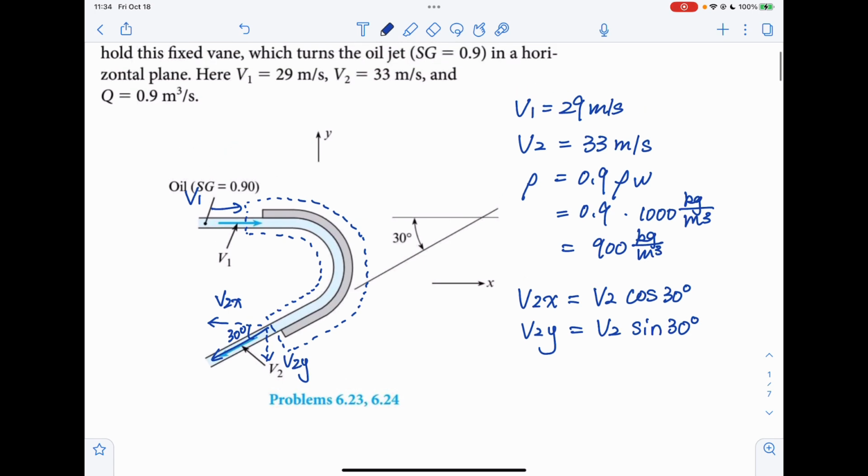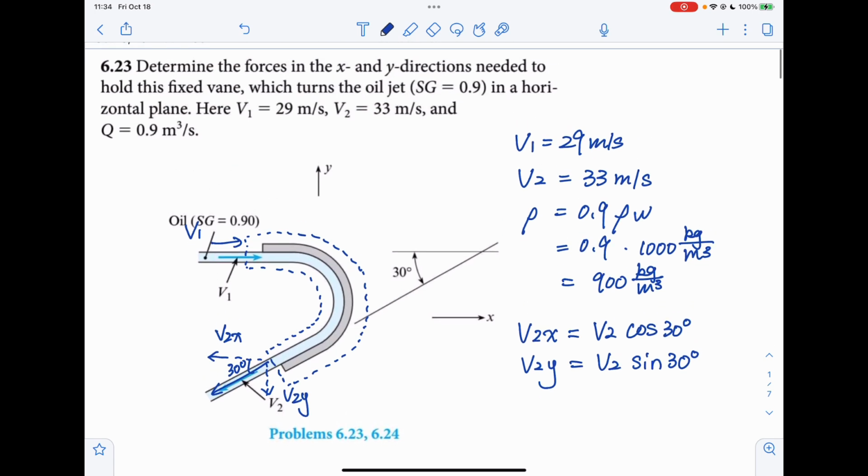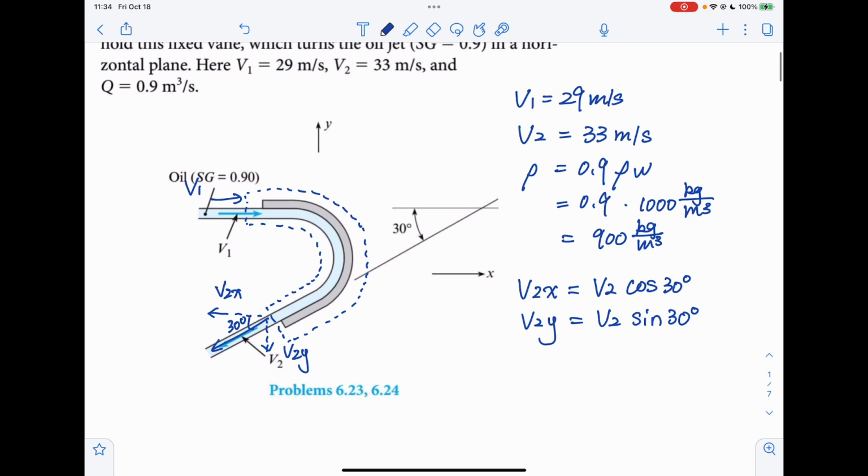And we are asked to find the force in the x and y directions. So we will have Fy and Fx, and that will give us F here.